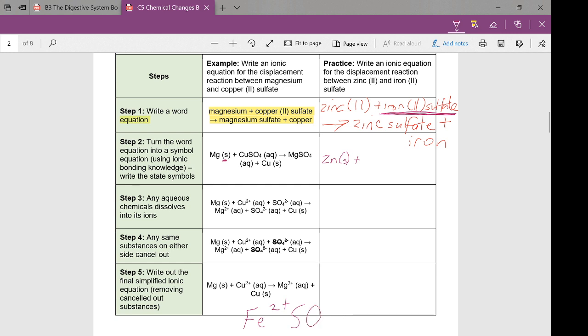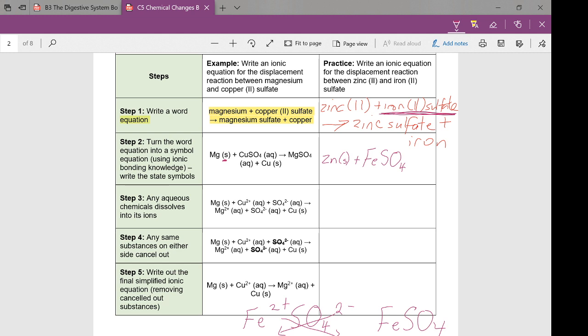So iron sulfate, if I were to write it out without the charges, would just be FeSO4 because the charges already balance each other out. Okay? So we have iron sulfate, FeSO4.